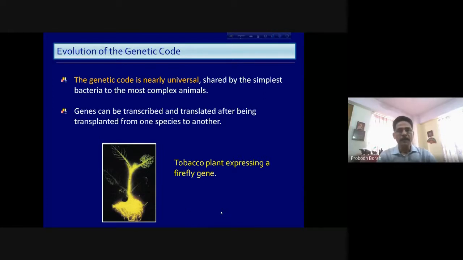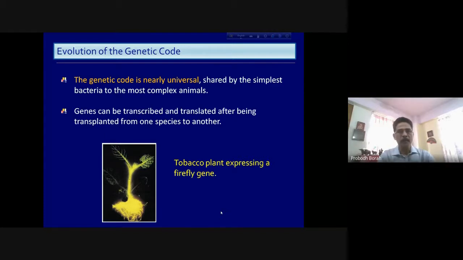Had it not been universal among different species, it would not have been possible to transfer genes across species and express them. One of the first successful transfers of genes from one species to another was documented by transferring a gene from an insect, the firefly.